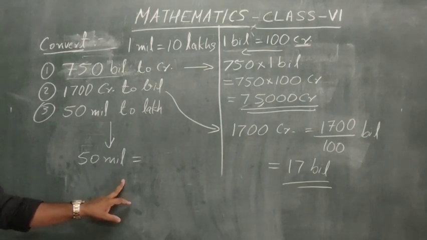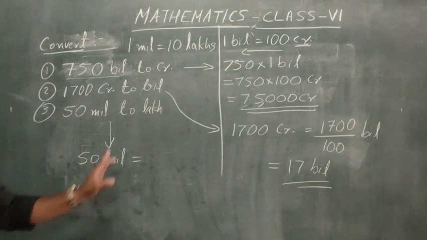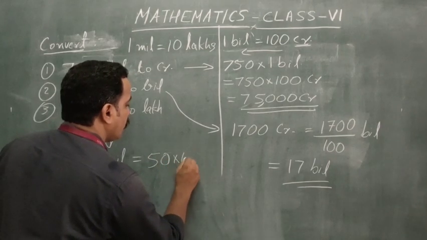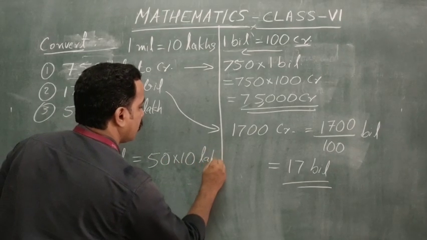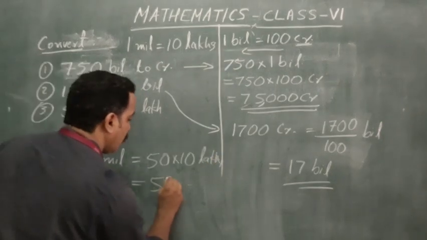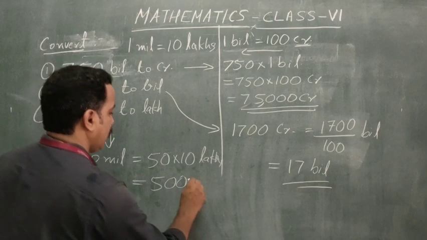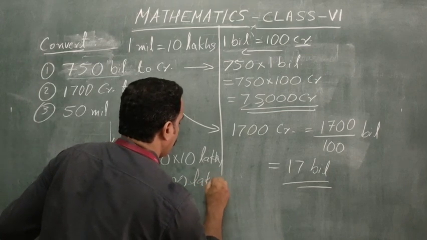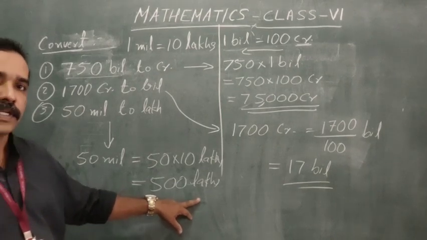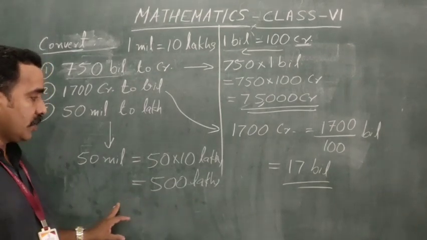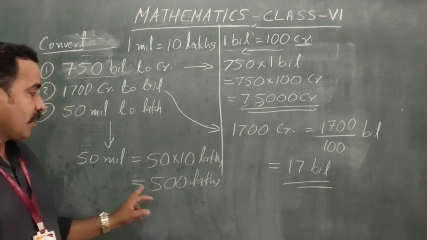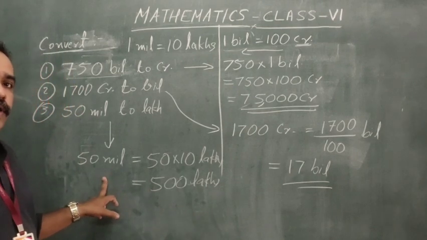Therefore, 50 million is equal to 50 into 10 lakh, that is 500 lakhs. 500 lakhs means actually 5 crore. So if you convert it again into crore, then we can say 50 million is equal to 5 crore.